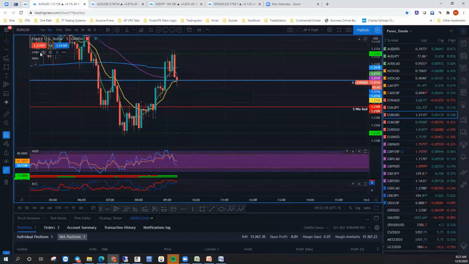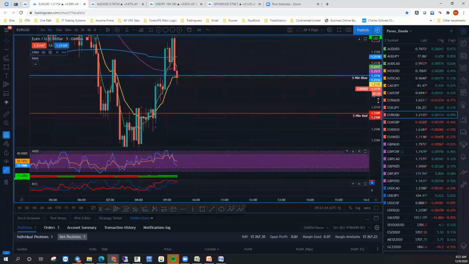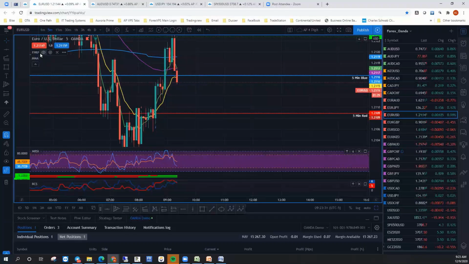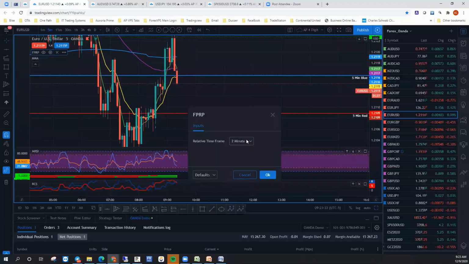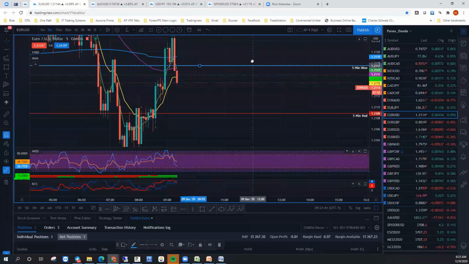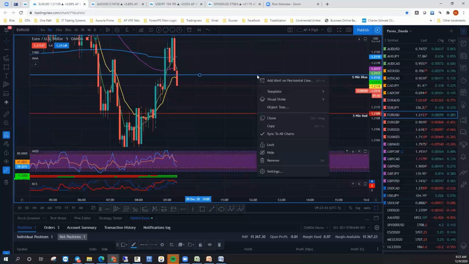And then you put your 2 minutes, which are your 7 pip areas in between. Maybe I have the wrong ones here on the 5-minute. It's 5-minute green right here.